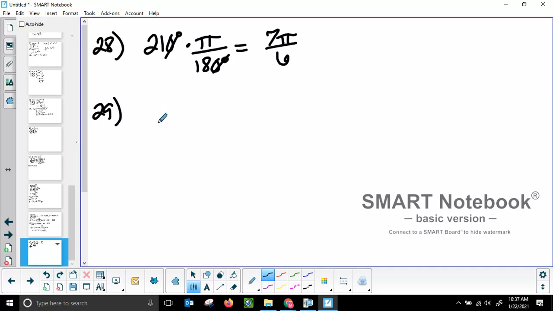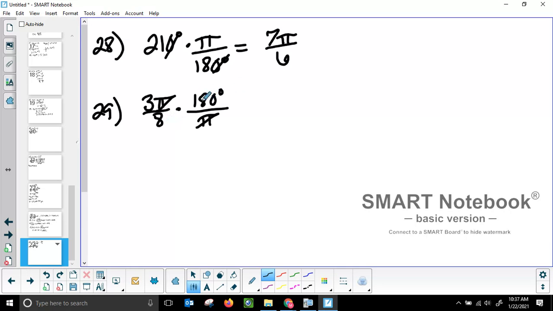29 says convert 3 pi over 8 to degrees. So I multiply that by 180 over pi. So my pi's cancel. This would reduce. Let's see, does 4 go into both of these?